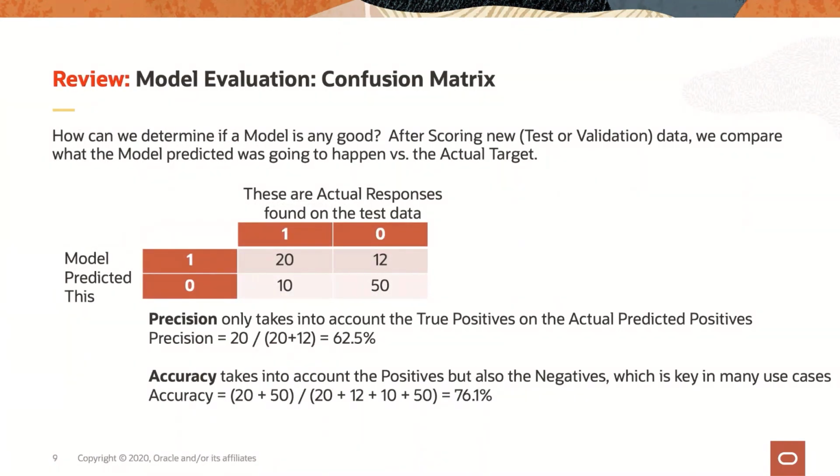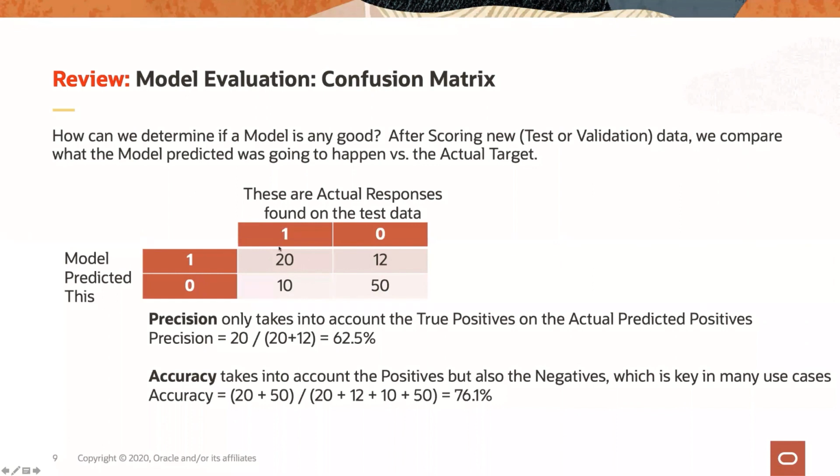Remember that if you're doing a classification, you want to make sure that your model is good. Your model is able to identify the events that you're trying to find, but also that the model is able to identify the non-events. So in this case that I have here on my screen, in the case of the events, I have 20.